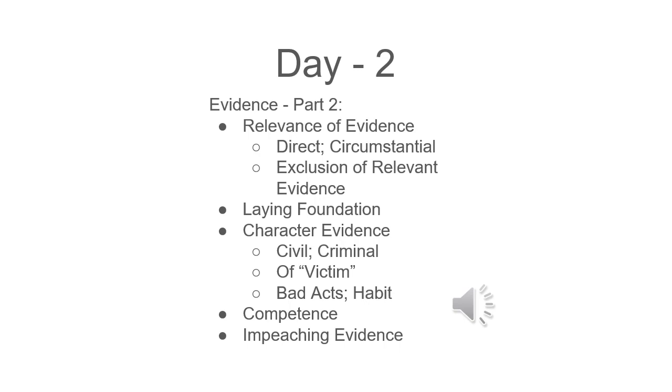So bad acts are generally not admissible to prove character, criminal propensity, or that they committed the act, but almost everything else. Habit evidence, this is Rule 406. Habit is routine reaction to a specific set of circumstances. Habit evidence is admissible under Rule 406 to prove that the defendant acted in accordance. There is no need for corroboration or an eyewitness.